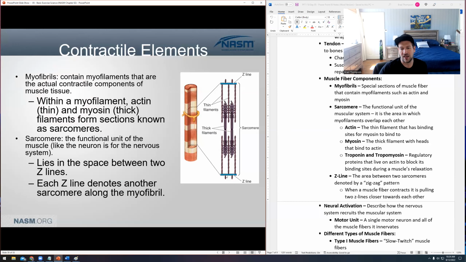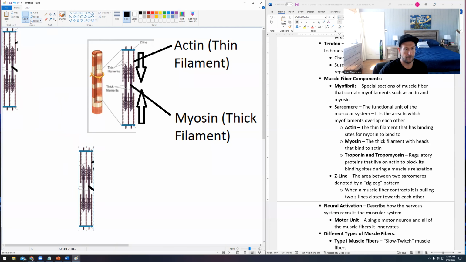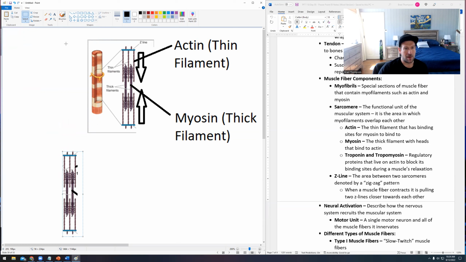Now there is a little area you can see. One of the things that we haven't really talked too much about is, let me undo some of the work I did here. If you actually look at the way a myofibril is arranged, it actually looks kind of like this.